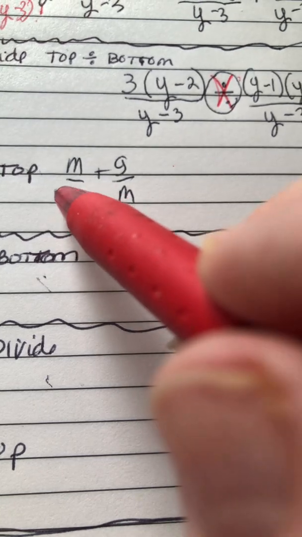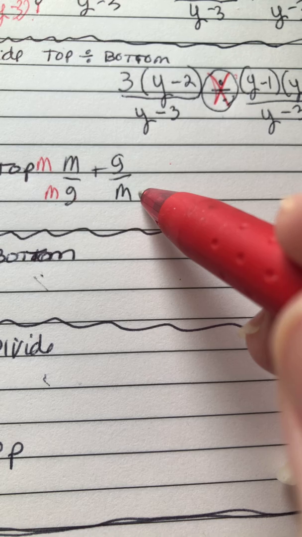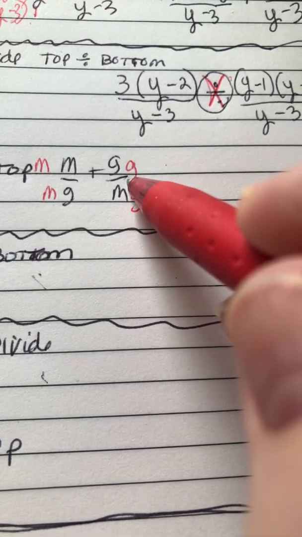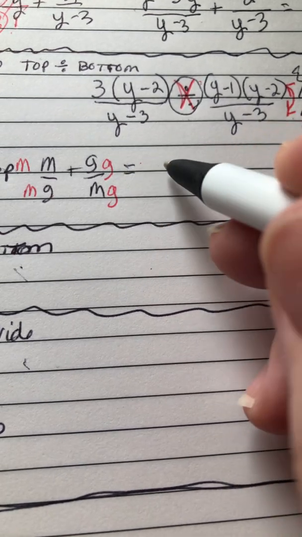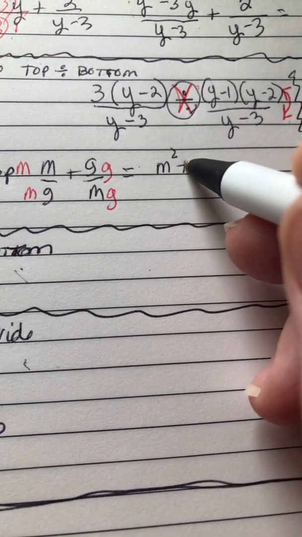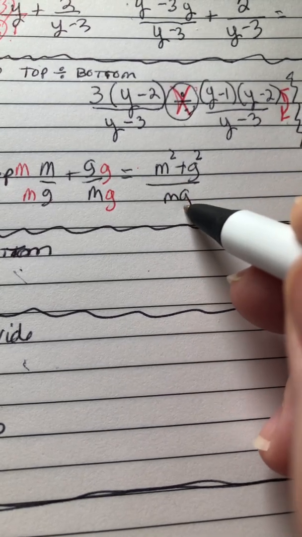So this one needs an m on both levels, and this one needs a g on both levels. So now what we have is m squared plus g squared over mg when you put those together.